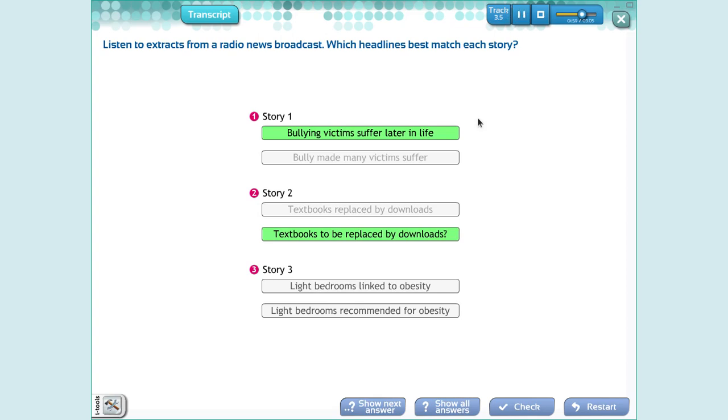Number 3. But there is not sufficient evidence to know if making your room darker would make any difference to your weight. There might be other explanations for the association, but the findings are intriguing enough to warrant further scientific investigation. One possible explanation is that the light is disrupting the body clock, which stems from our evolutionary past, when we were active when it was light in the day and resting when it was dark at night.